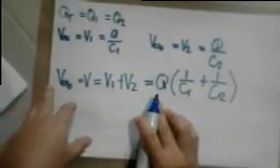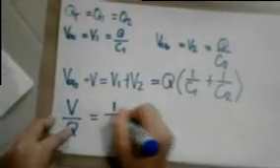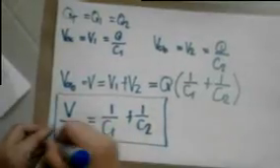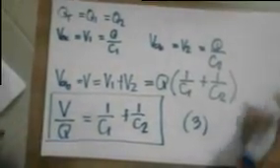We factor out Q here since our charge on series connection is the same across the combination. And so V over Q is equal to 1 over C1 plus 1 over C2. This is now our equation 3.